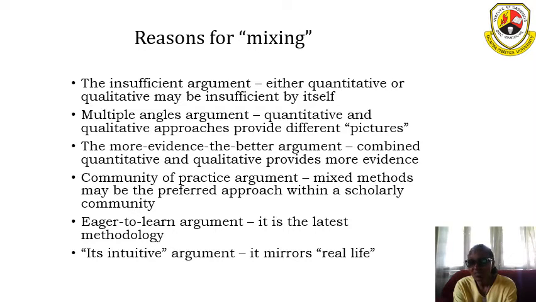So they were giving reasons for that. Therefore, when a researcher is trying to tackle a particular problem or developing their research design, they may find that this problem gives more weight if we use both quantitative and qualitative approaches.